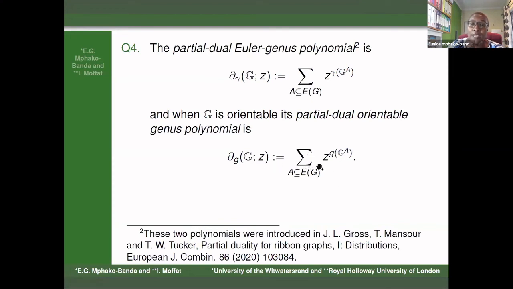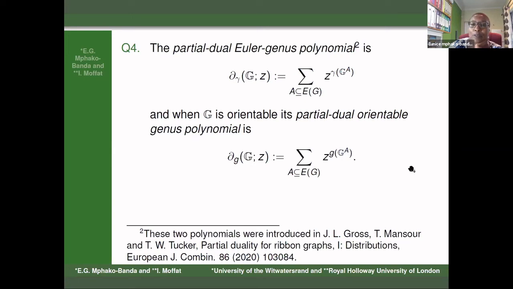It is also defined as a sum over all the subsets of the edge set. The difference from the Euler genus is that now you are raising Z to the power of the genus of the partial dual. So here you are raising it to the Euler genus, and here you are just raising it to the genus.